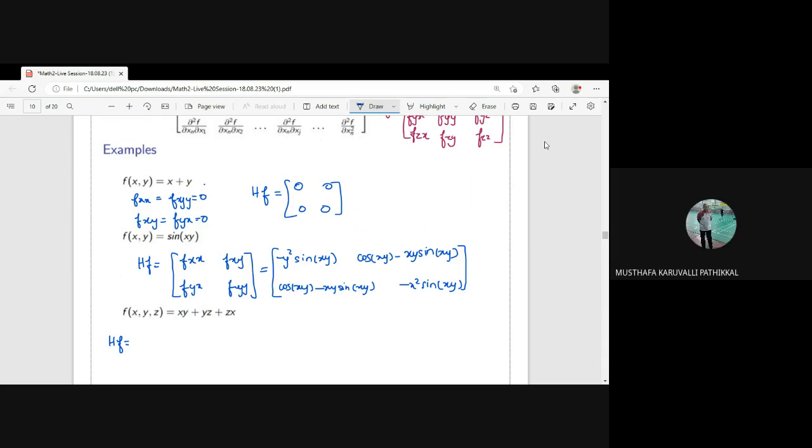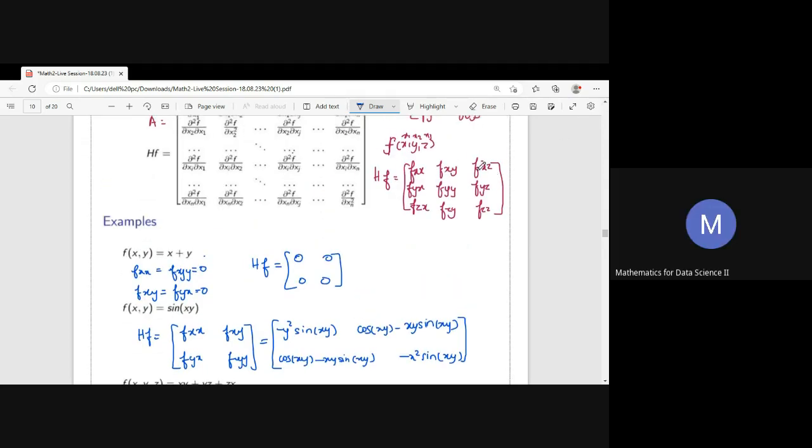Is there a specific reason for it, or even if we reverse it, like in the first column we put all fxx, then fxy, then fxz, is it going to make a difference?